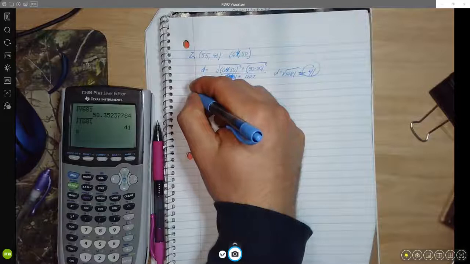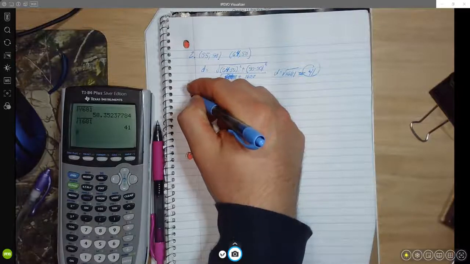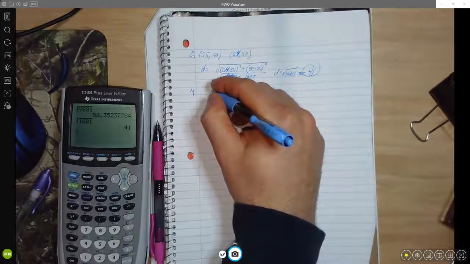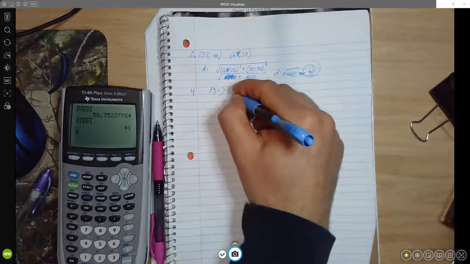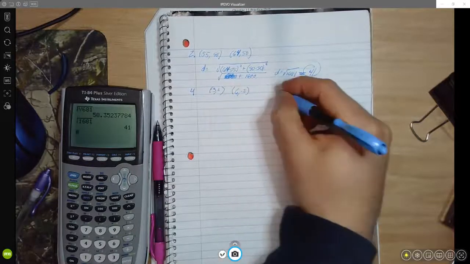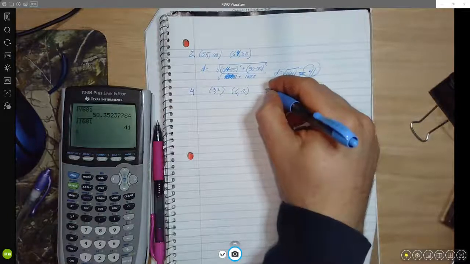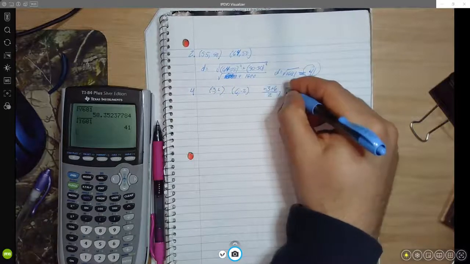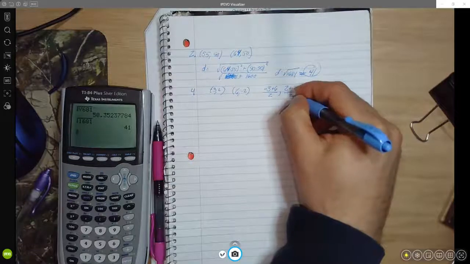Okay, number 4. Give the coordinates of the midpoint. So to find the midpoint, you take the x's divided by 2, comma, the y's divided by 2.